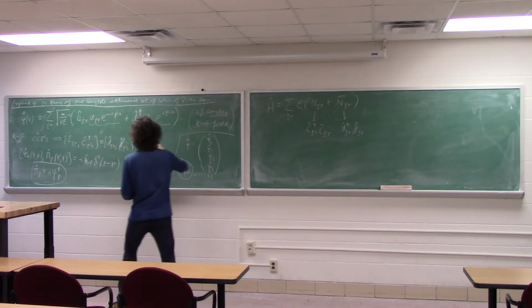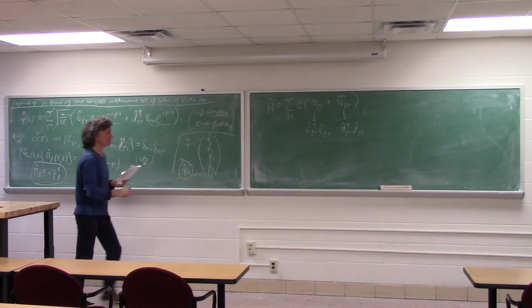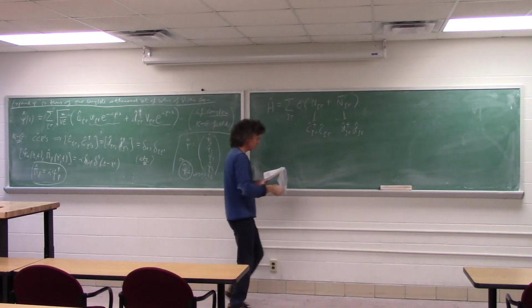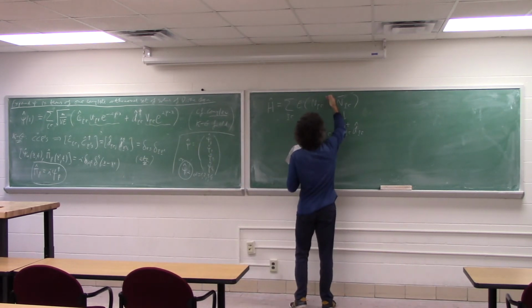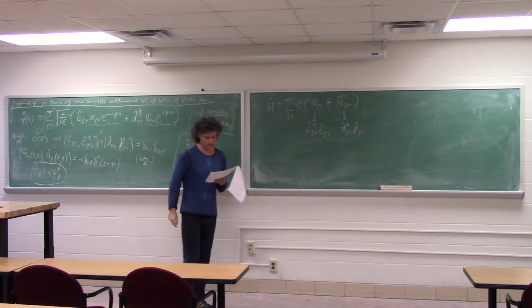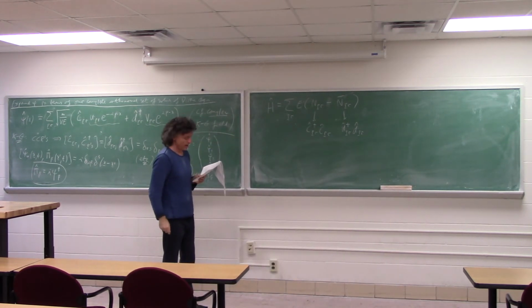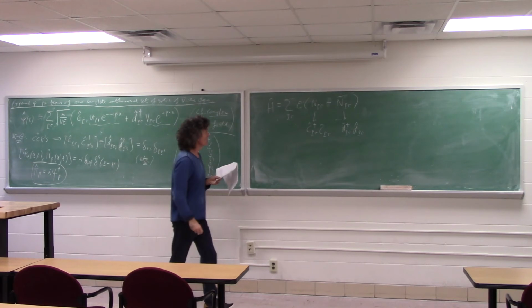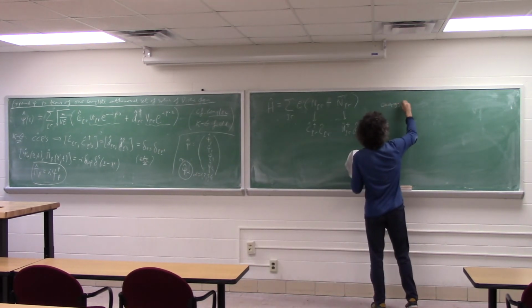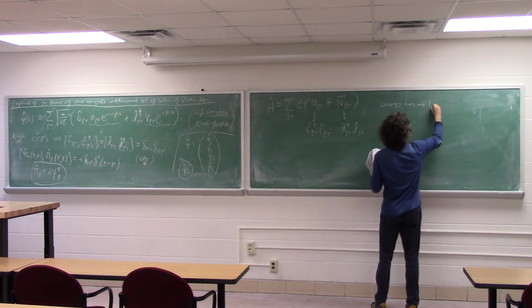If you follow this procedure for the Dirac field, something goes badly wrong: you get a minus sign here. And so the Hamiltonian, the energy, has no lower bound.